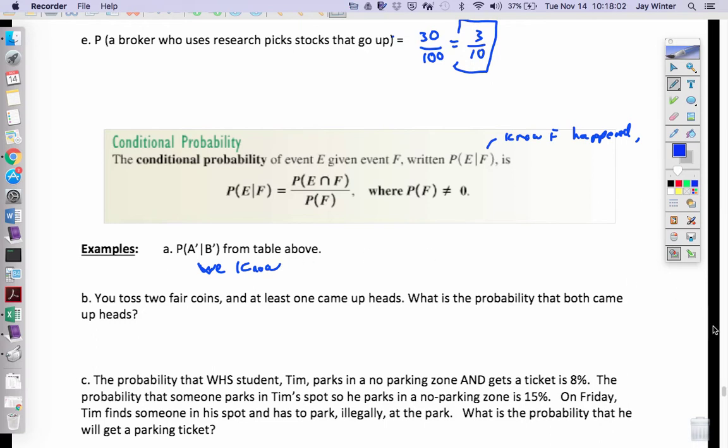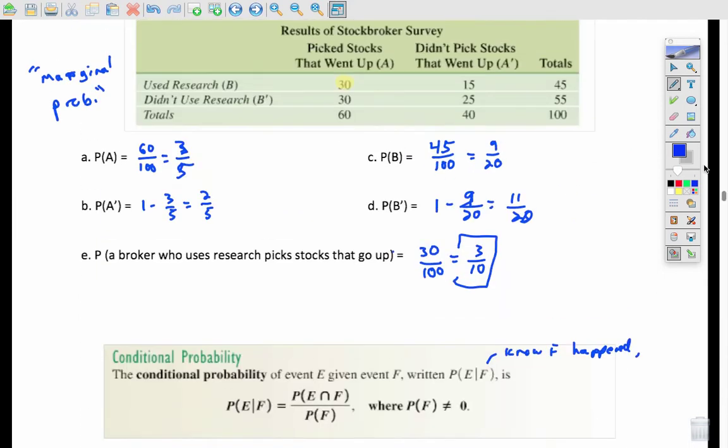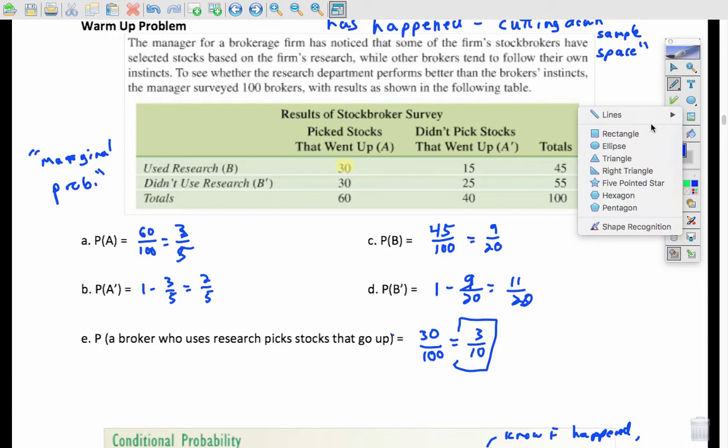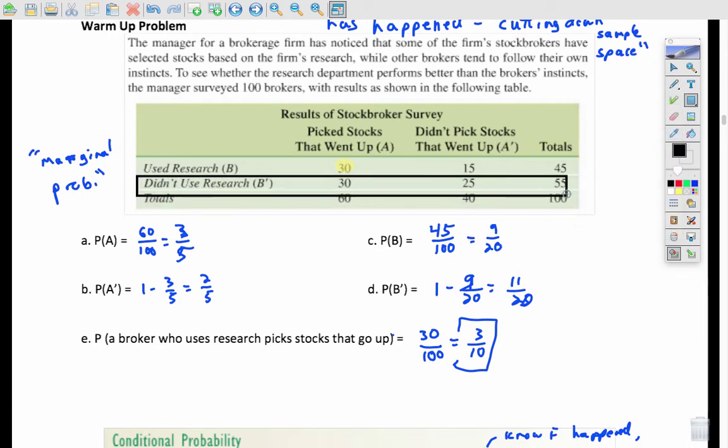We know for sure that event B complement happened. So what is event B complement? That means that the broker did not use research at all. So we're going to focus in on just the ones that did not use research.